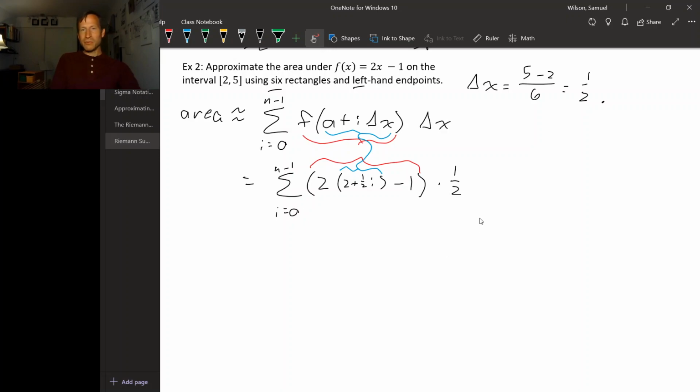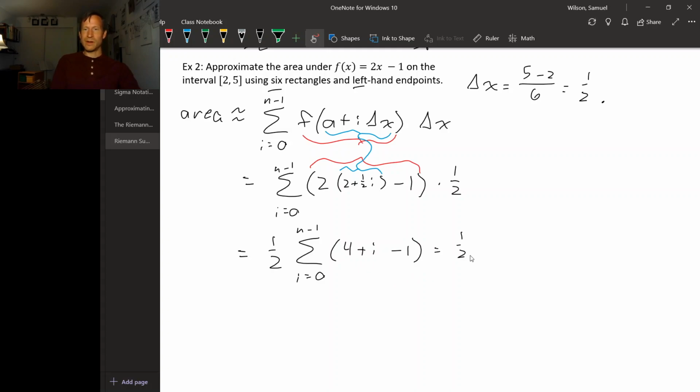All right, so now we can work on evaluating this. Exactly how you evaluate this sort of Riemann sum depends on what the sum turns out to be. For this one, we can start by moving this 1/2 out to the front, and then the sum from i equals 0 to n minus 1. We can multiply out this stuff on the inside, so it looks like we're going to get 4 plus i minus 1.